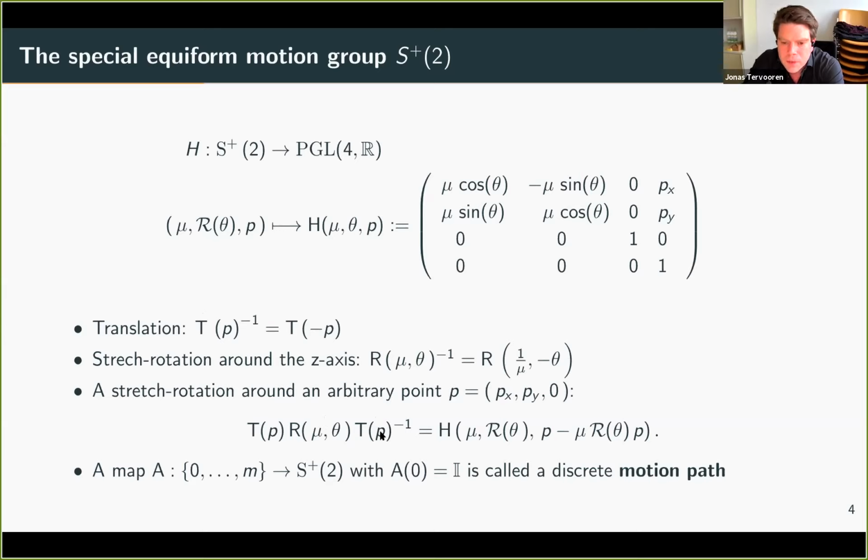First, we translate by minus P, then we stretch rotate, and then we translate again by P, which gives us the following form. We have to do several transformations, and if we have a sequence of these maps that starts with the identity, we call this a discrete motion, or discrete motion path.